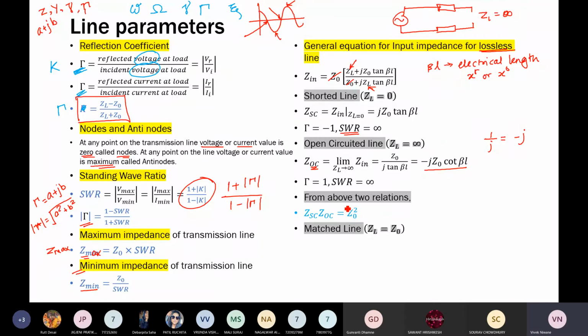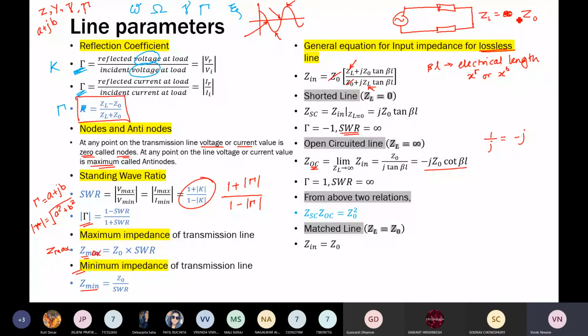Then the next condition: what if we have the matched line, where the load impedance is equal to Z0. Whenever we have this kind of condition, we will have the maximum power transferred from the generator side to the load side. We are not saying 100% transmission, but we are saying the maximum amount of power will be transferred.